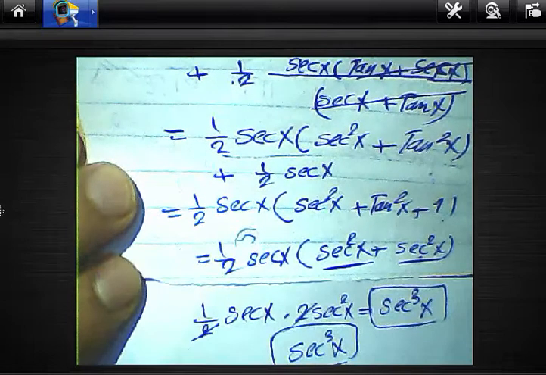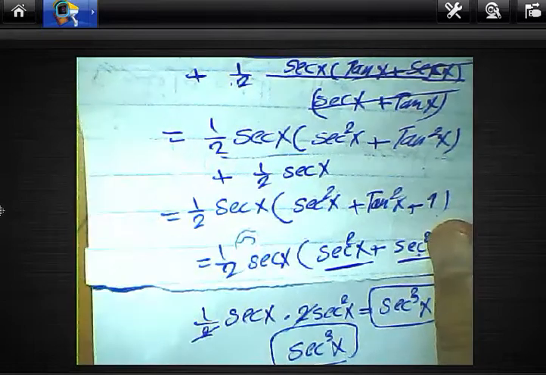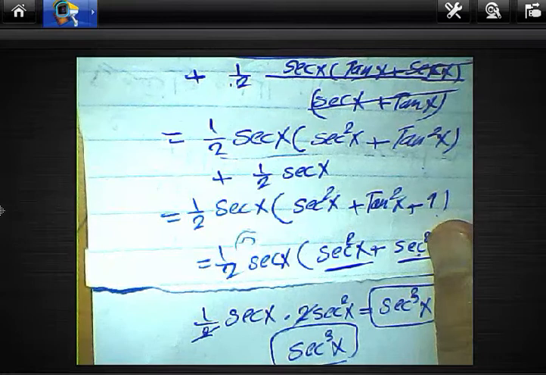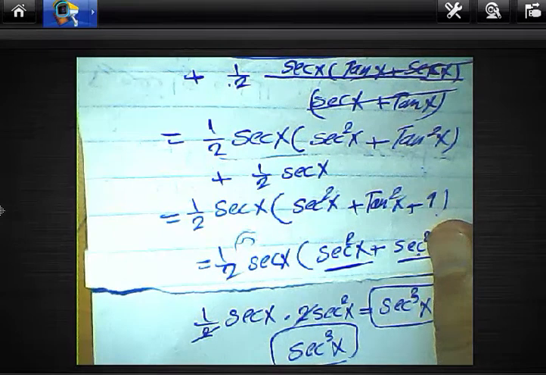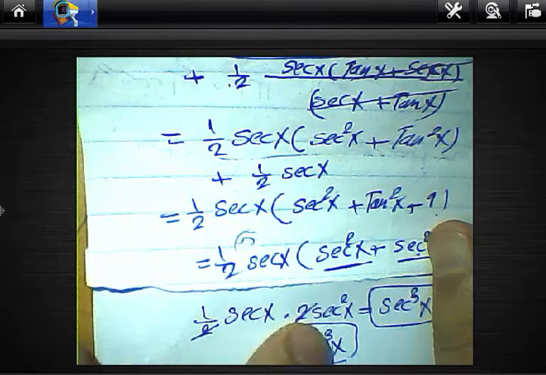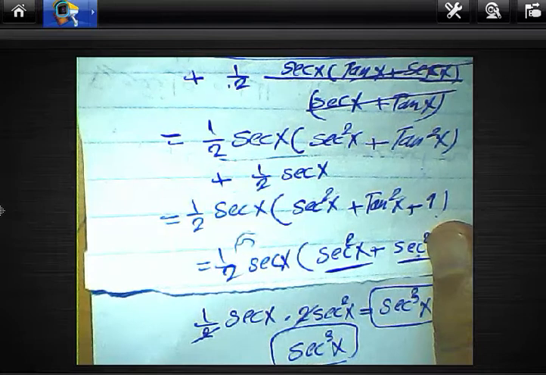This example is very important, so you must be careful when solving it. You must finish this example to the end. If you are given this example in a choice question, you must choose sec power 3 of x. You must simplify. Be careful and pay attention to all the properties, okay.